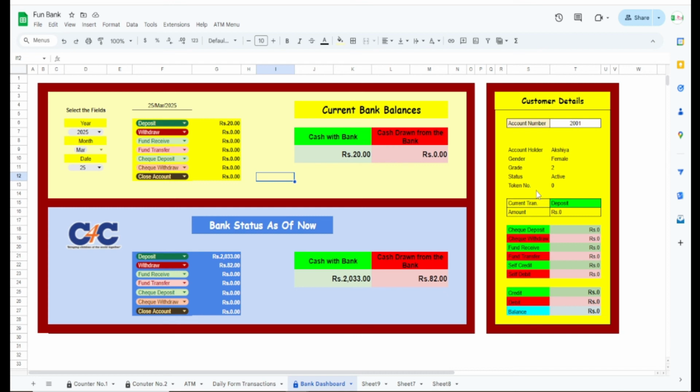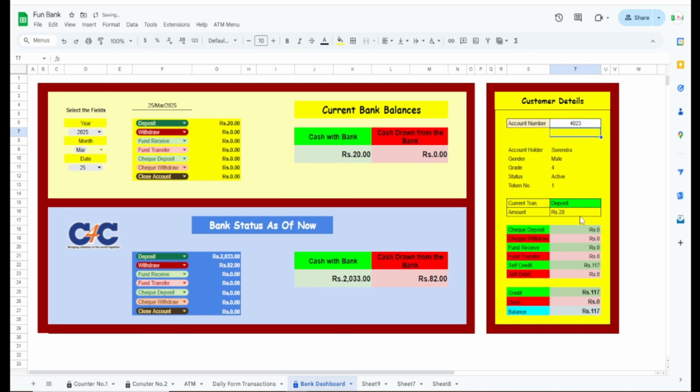This is for the customer details. If any customer came to the bank manager, for any information, like how much balance he has in his account, or how much withdrawal he made, we can just enter the account number and we can see.